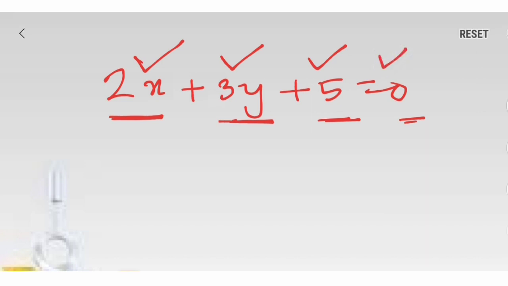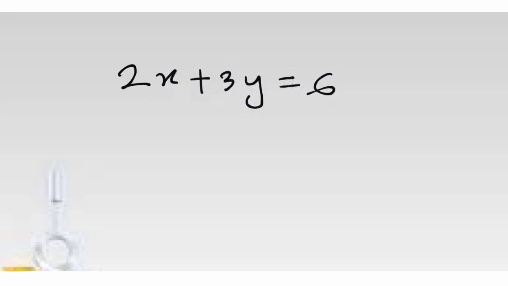Understood? Now consider this equation: 2x plus 3y equal to 6. It is a linear equation in two variables. Is it in standard form? The given equation is not written in standard form. How to write this equation in standard form?